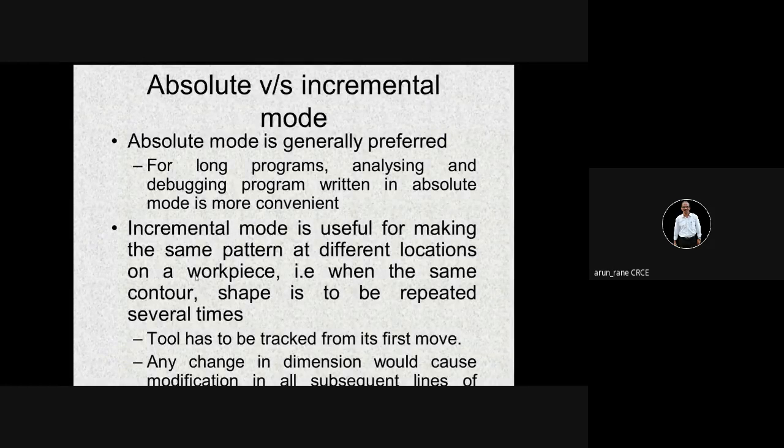That depends upon the designer, upon the drawing, what kind of drawing you receive. If all the dimensions are shown with respect to some fixed origin, then obviously you go for G90. If the dimensions are given with respect to the previous position, then you don't have to calculate, you simply use the incremental code. So these are the advantages.